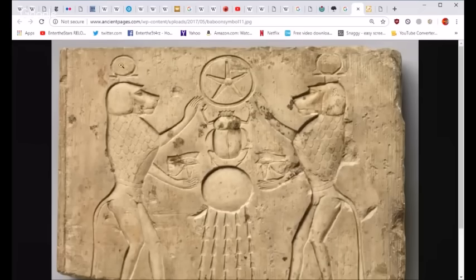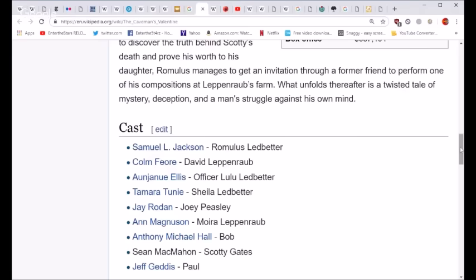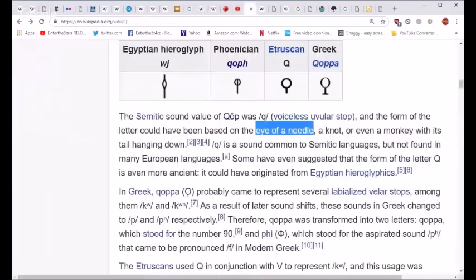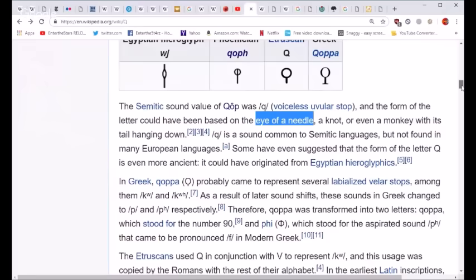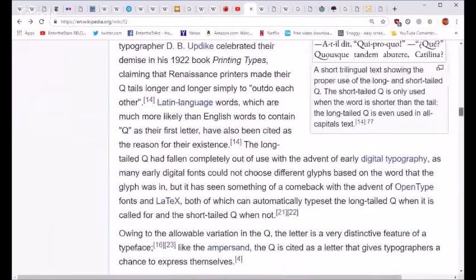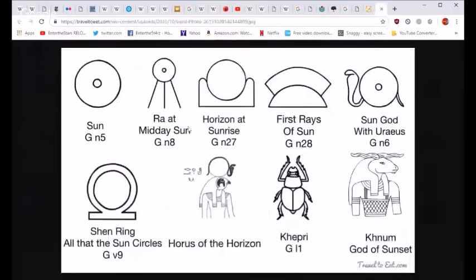These symbols basically are Q as well. As you can see here, let me see if I can pull this up. Oops, that's the wrong one. As you can see here, the Greek quappa, okay, looks a lot like what they're depicting here in these ancient hieroglyphs. Which basically means a gate.